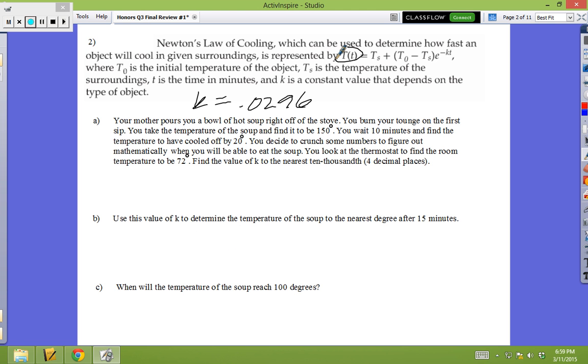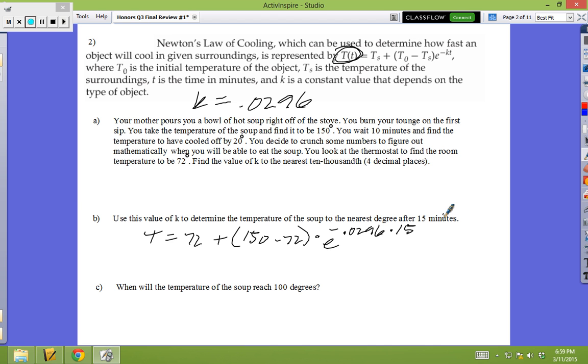So now this is what I want to find, the temperature of the soup. So the temperature equals the surrounding 72 plus the initial, which was 150, minus the surroundings, multiply that by e to the negative K, so negative 0.0296 times T, and now that's going to be 15.